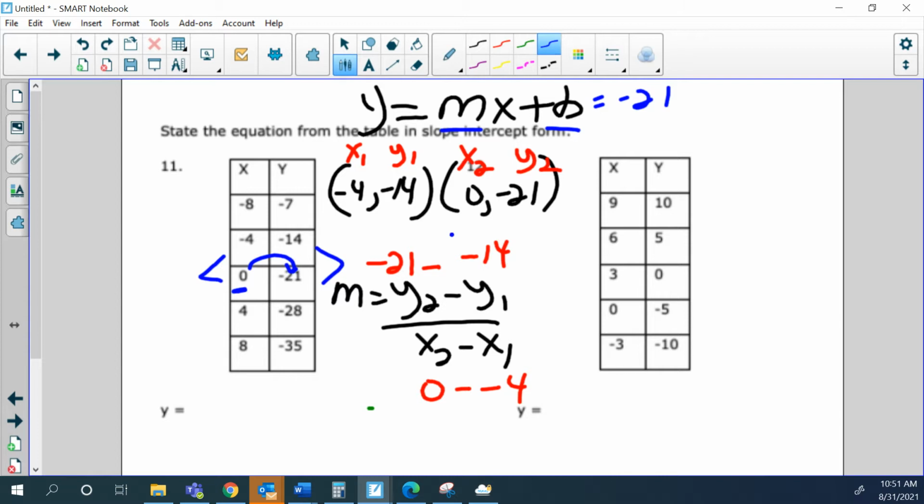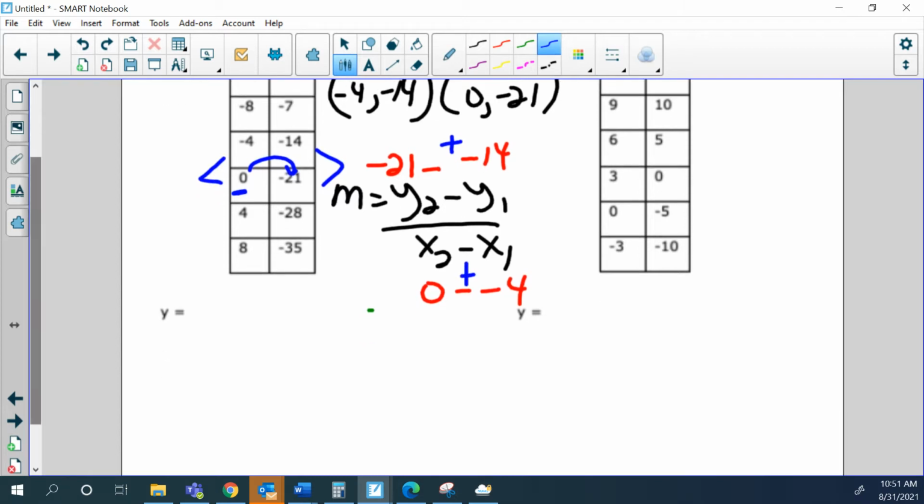Again, this is going to give me a positive. That's going to give me a positive. And coming down here now, I'm going to get -21 plus 14 over 4. That's going to be -7. Did I make a mistake?